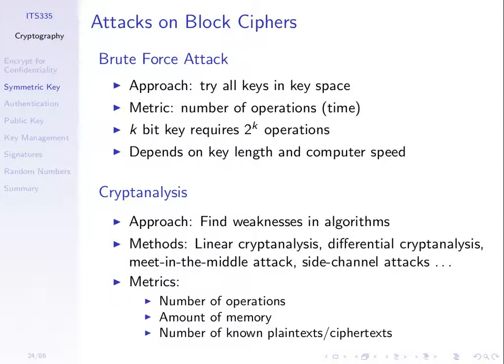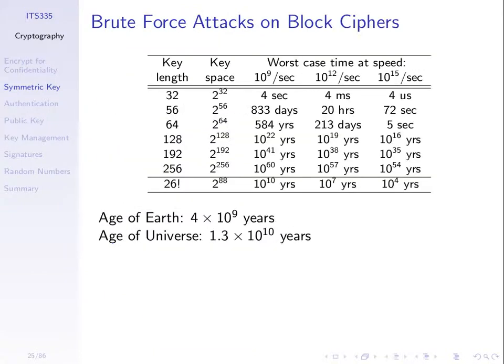But let's try and put some numbers to it. We'll do it in different ways, some theoretical numbers. What this table shows is, in the first column, some possible key lengths. For example, if we use a 56-bit key, or a 128-bit key, or 256.